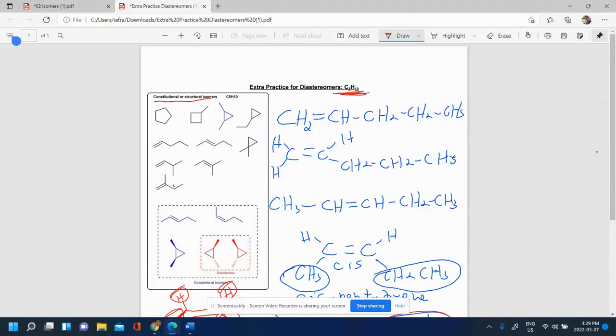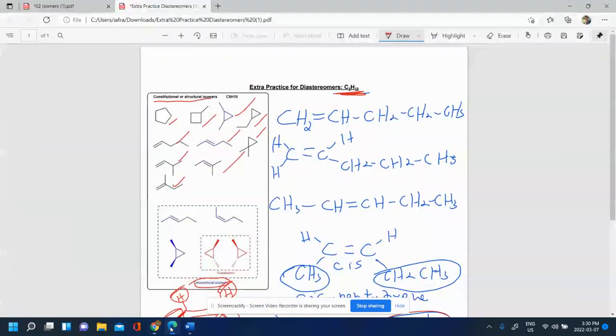So you can see these are all the different types of constitutional isomers that you can get from C5H10, treating them like double bonds, treating them like linear alkenes, cycloalkanes, so a variety of different molecules that you can get there as your constitutional isomers.